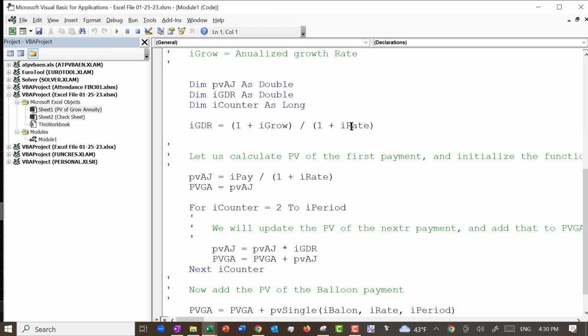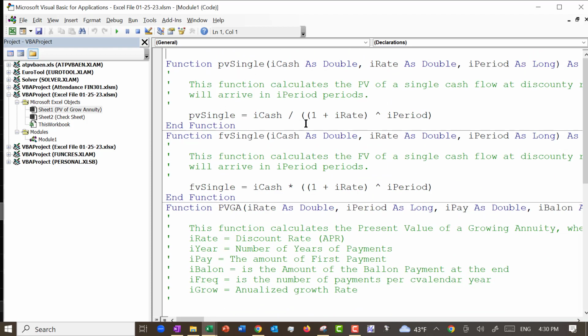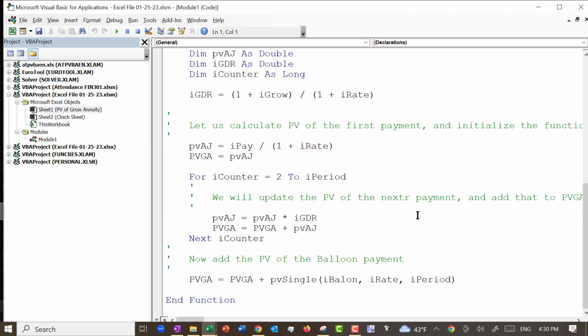The whole thing is effectively 1, 2, 3, 4, 5, 6, 7 lines. I also have simple functions that calculate PV, present value for a single cash flow, and future value for a single cash flow. That's it, done. We're going to do something similar for options and stuff.